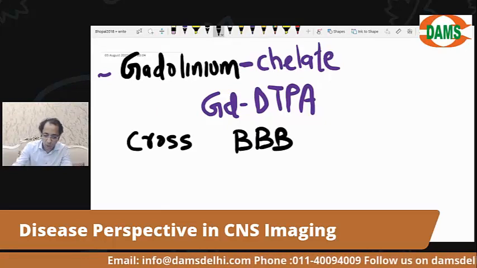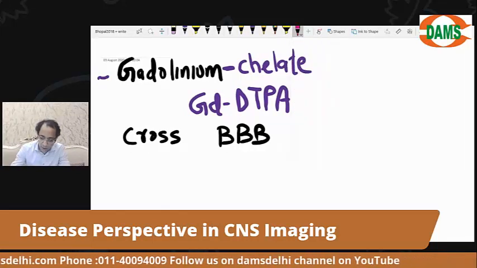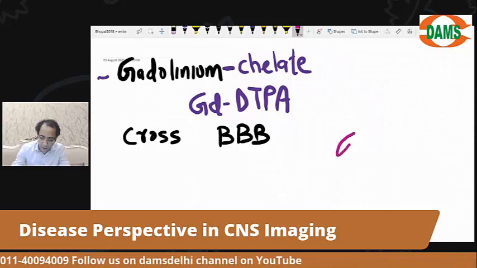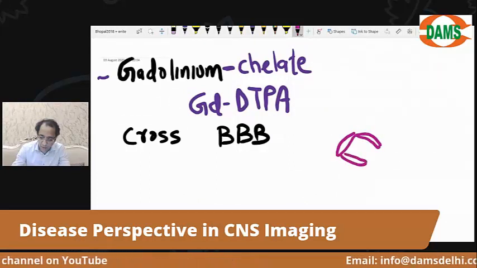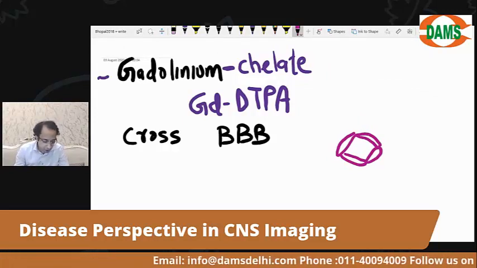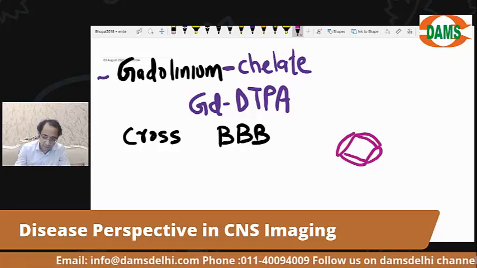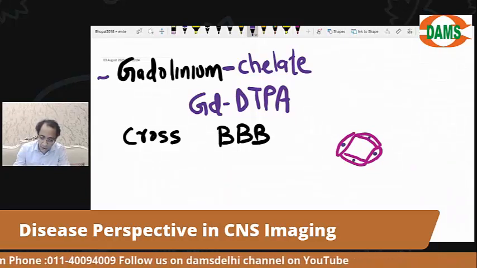Anybody? So what is the blood-brain barrier? In the brain, if these are your capillaries and these are the endothelial cells of the capillaries, the endothelial cells have tight cell junctions.